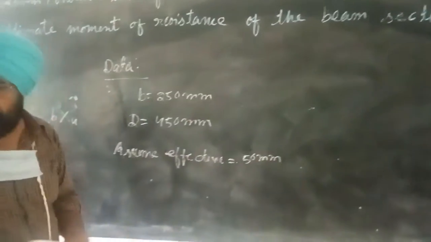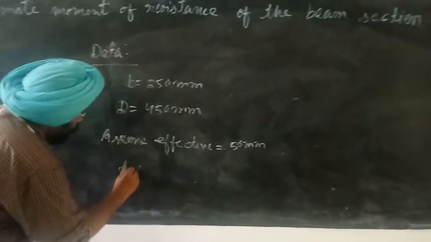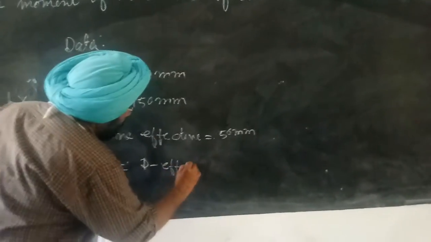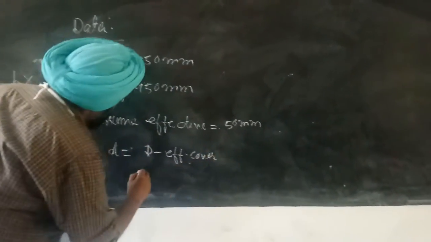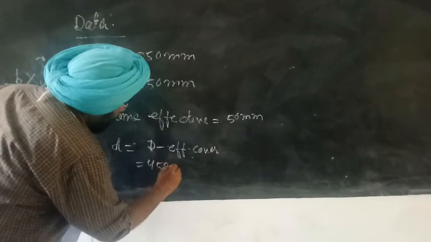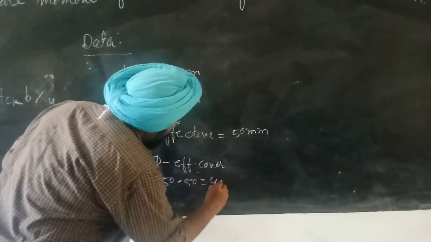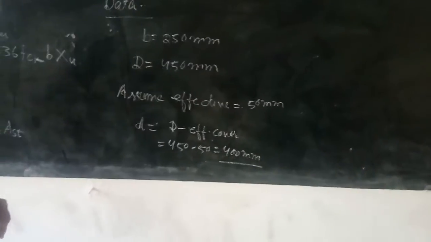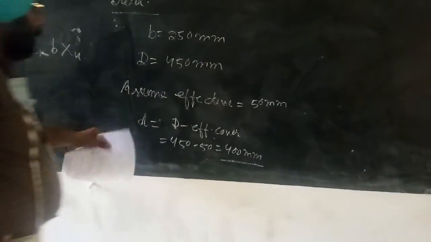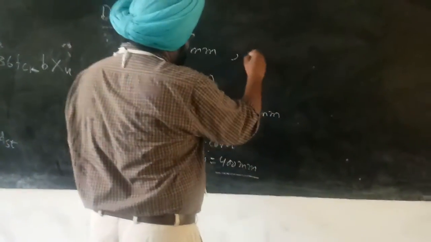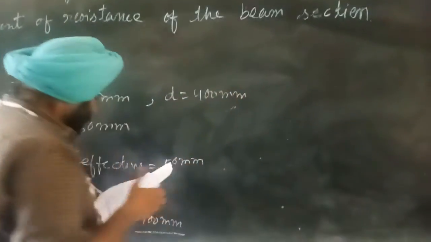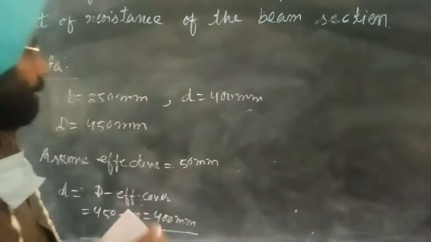Then effective depth d equals capital D minus effective cover, so 450 minus 50 is 400 millimeter. So the effective depth of the beam section is 400 mm.